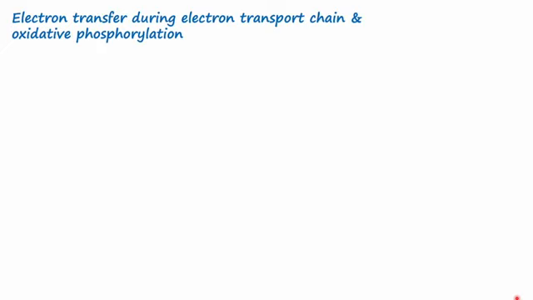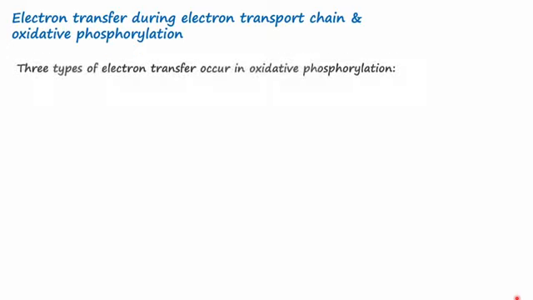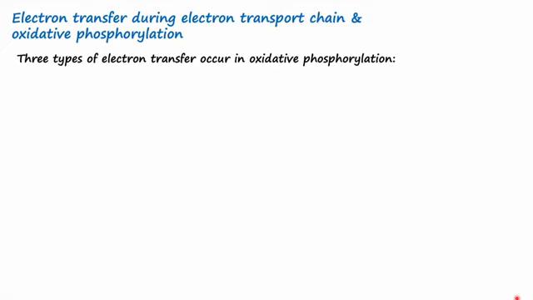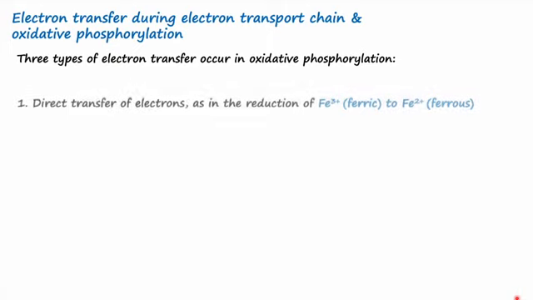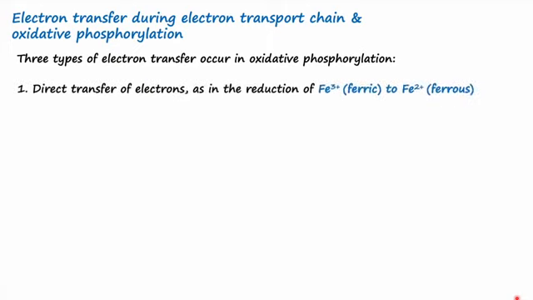Now, when we learn about the electron transport chain, it is important to know how the electrons are carried through the electron transport chain and oxidative phosphorylation. There are 3 types of electron transfer that take place in oxidative phosphorylation. First, there is a direct transfer of electrons, as in the reduction of ferric ion to ferrous ion.